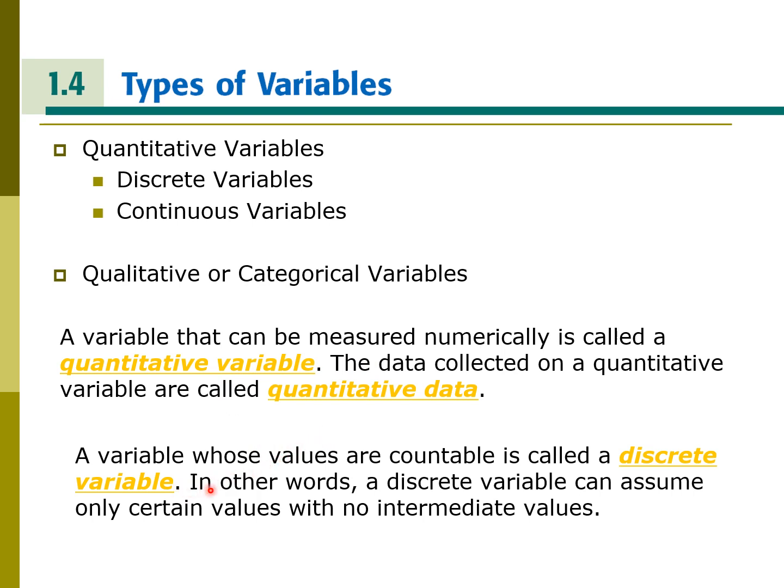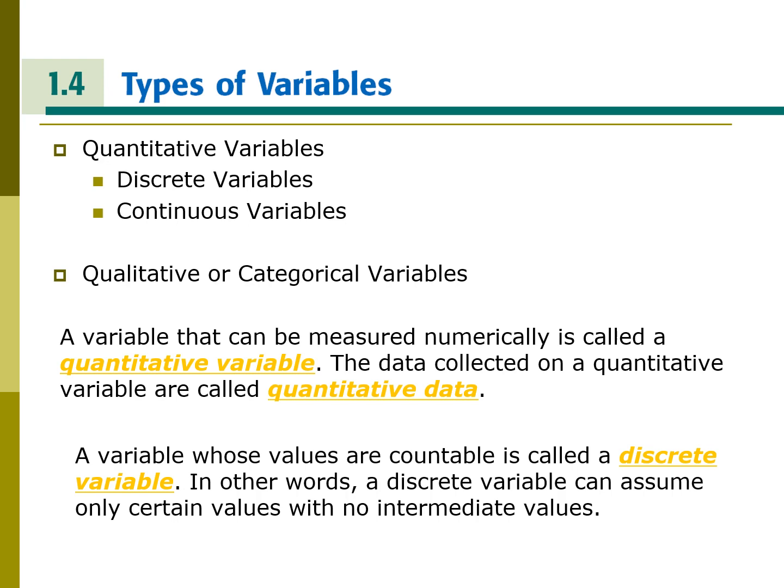A variable whose values are countable is said to be what? A discrete variable. You can count them. In other words, we say discrete variables can assume only certain values with no intermediate value. 1, 2, 3, 4.